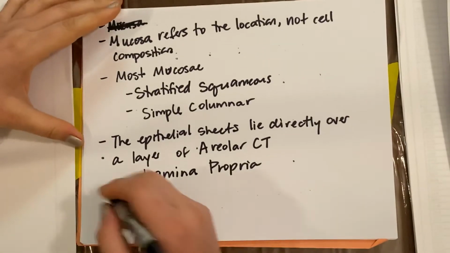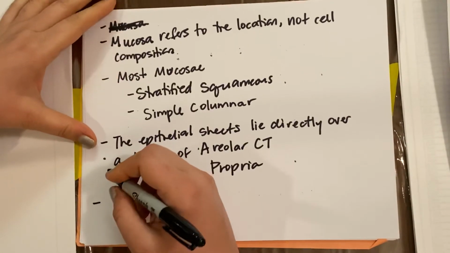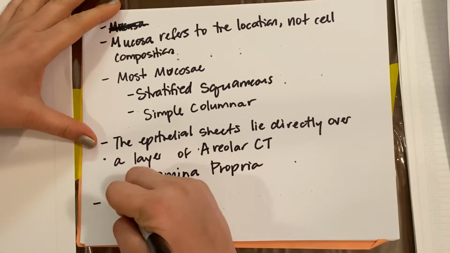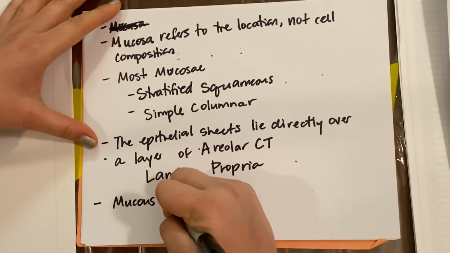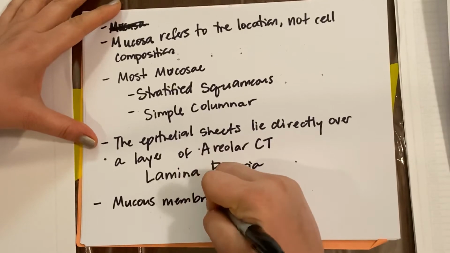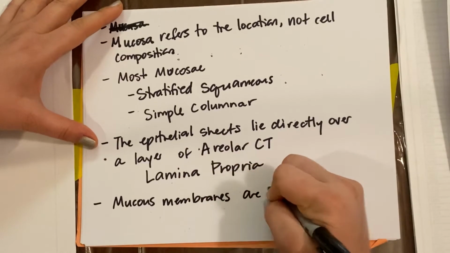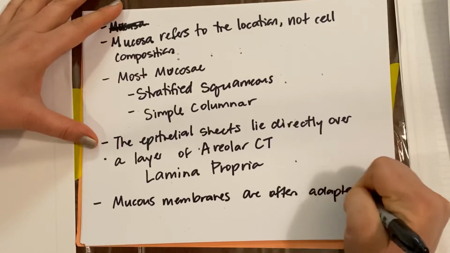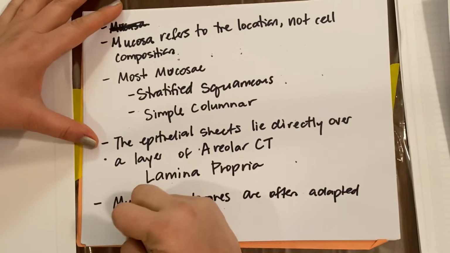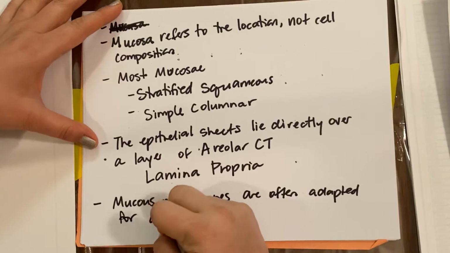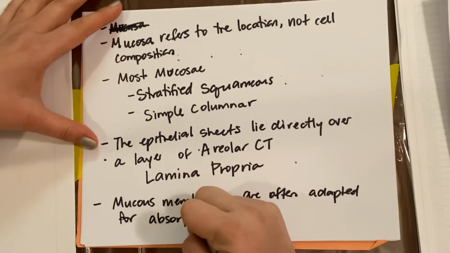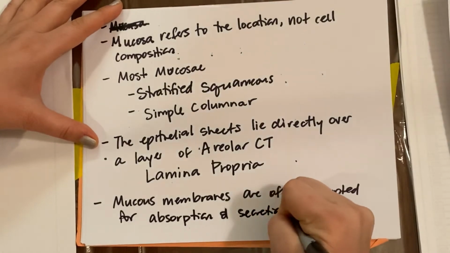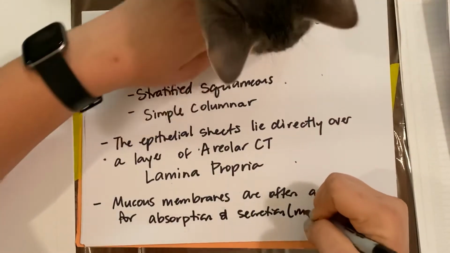Okay, most mucous membranes are going to be adapted for absorption and secretion. So mucous membranes are often adapted for absorption and secretion, which is going to be mucus.